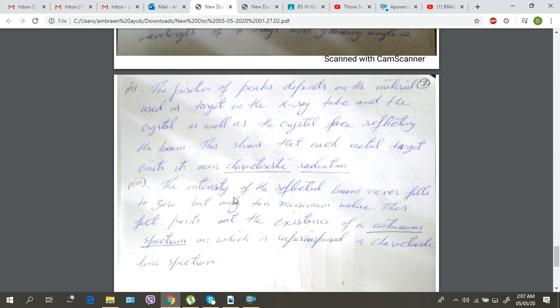The intensity of the reflected beam never falls to zero, but only to a minimum value. This fact points out the existence of a continuous spectrum on which a characteristic line spectrum is superimposed.